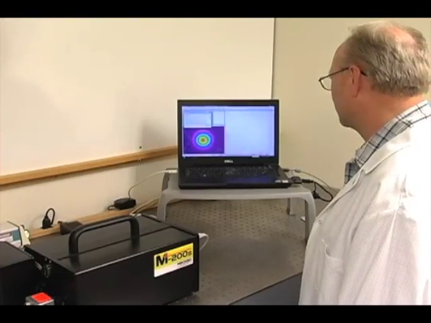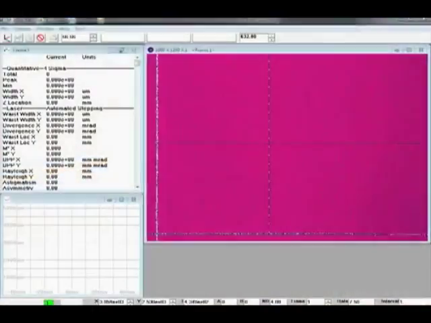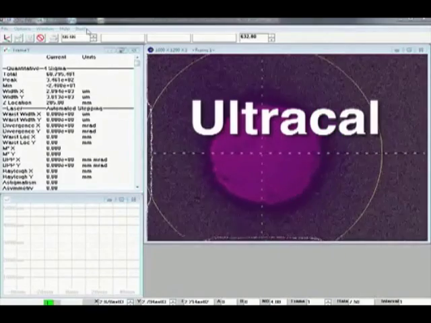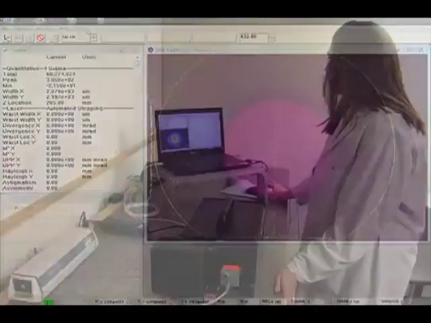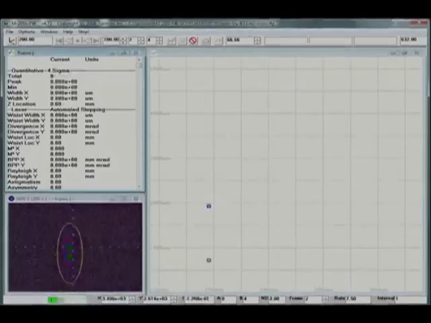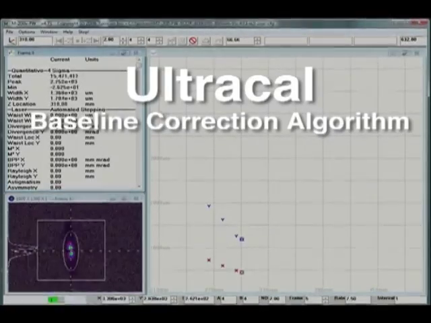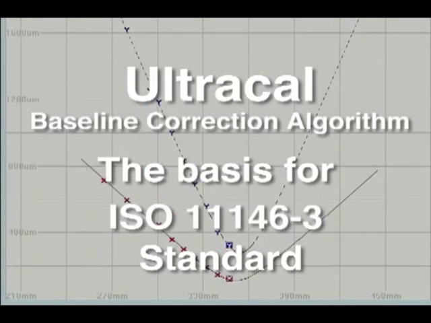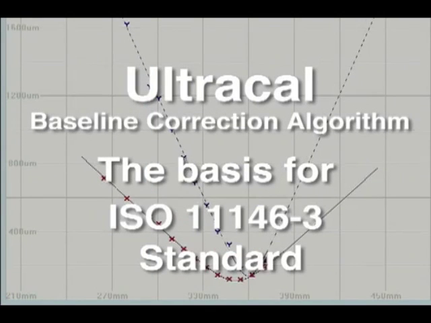Spiricon and Photon products are known for accuracy and ease of use. Using our patented UltraCal calibration method and auto-aperturing to exclude noise beyond the wings of the laser beam, you are assured the most accurate beam measurements in the industry. In fact, UltraCal's baseline correction algorithm was used to help establish the ISO 11146-3 standard for beam measurement accuracy.